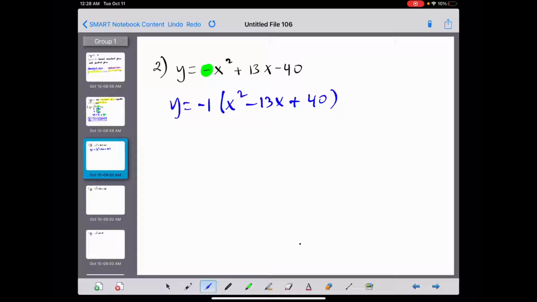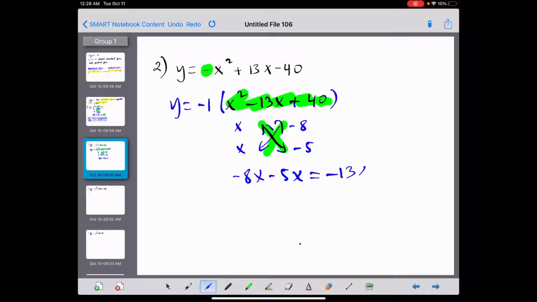Okay. Then we factor whatever's inside the parentheses. So it's x and x. Then two numbers that multiply to 40 but add up to negative 13. That has to be negative 8 and negative 5. Okay, let's test it out. x times negative 8 is negative 8x, right? And x times negative 5 is negative 5x.